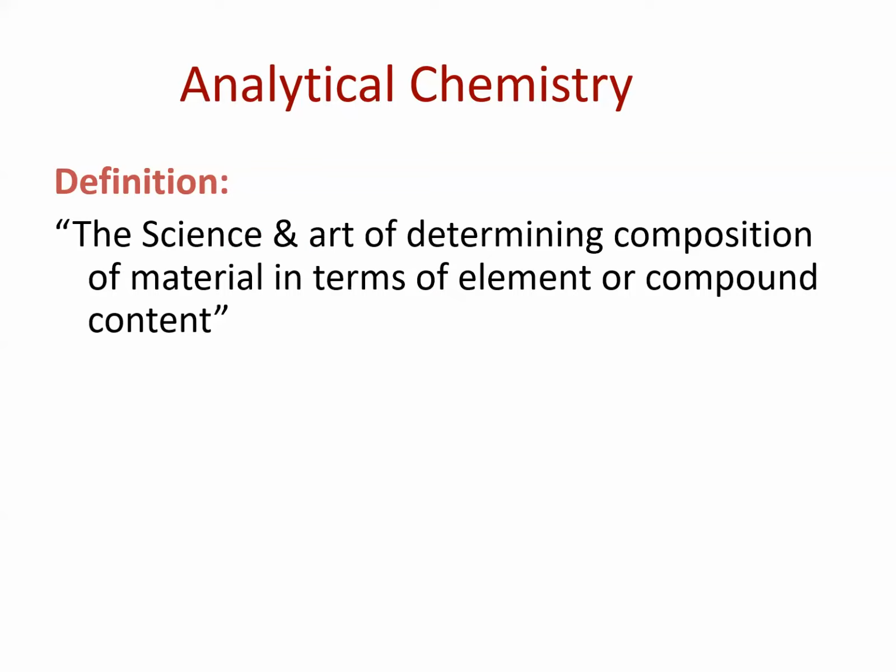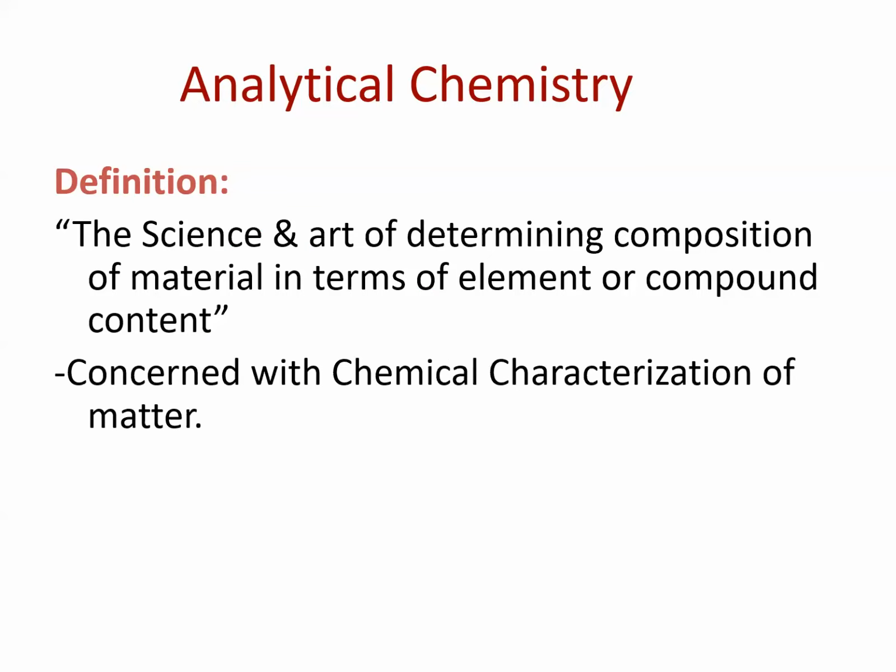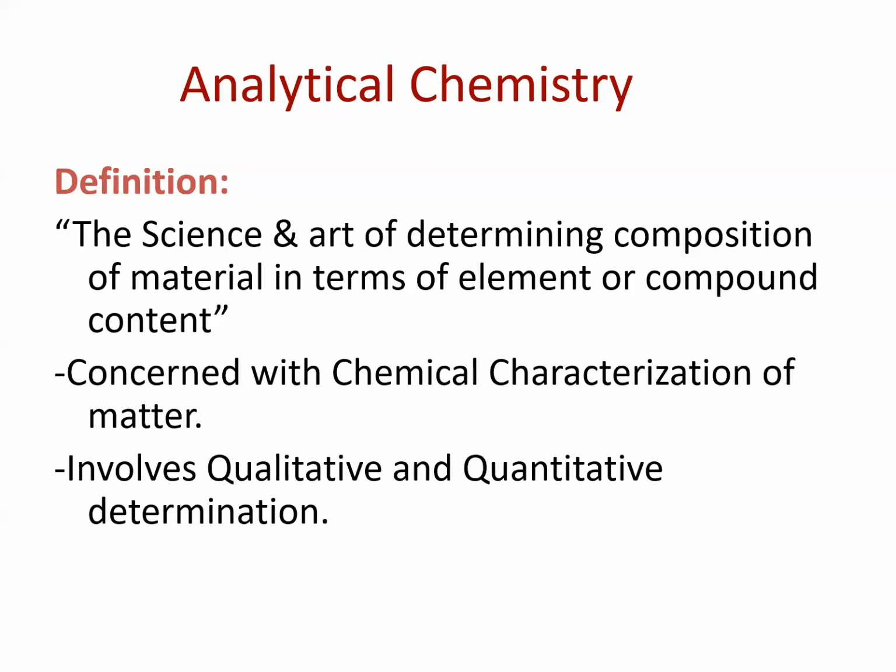I repeat, it is the science and the art of determining composition of material in terms of the element or the compound content. We are simply concerned with chemical characterization of matter, and this involves both qualitative and quantitative determination.